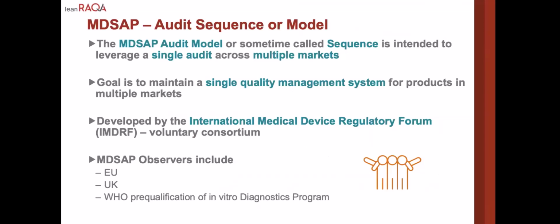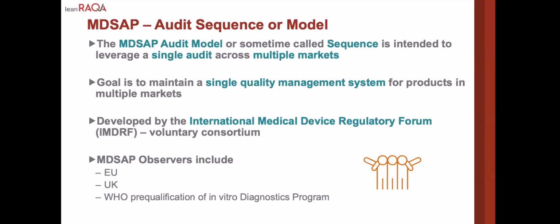The audit model is also called a sequence, and it's intended to be a single audit across multiple markets. The goal is to maintain a single quality management system for products across those markets. It was originally developed by the International Medical Device Regulators Forum, and its observers, so not participants, include the EU, the UK, and WHO.